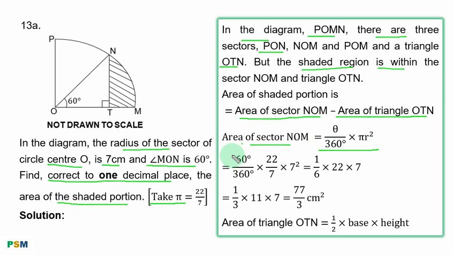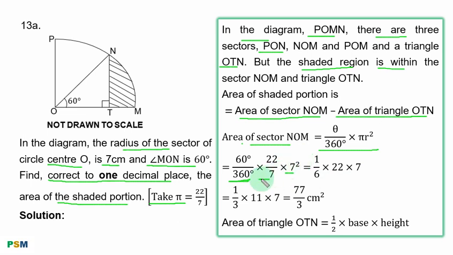You have 60 degrees over 360 degrees times pi times radius square, which is 7 square. You have 1/6 if you reduce this fraction times 22 times 7. 7 square is 49.